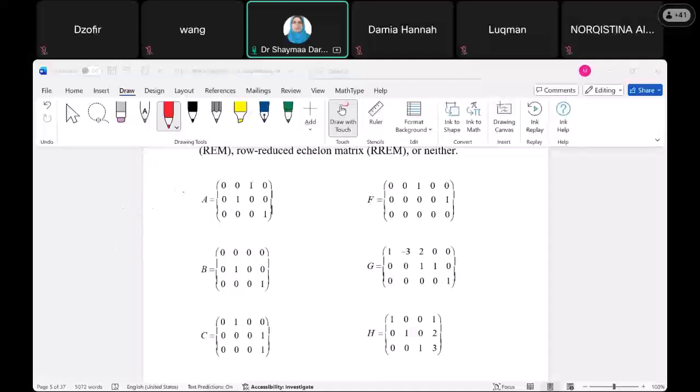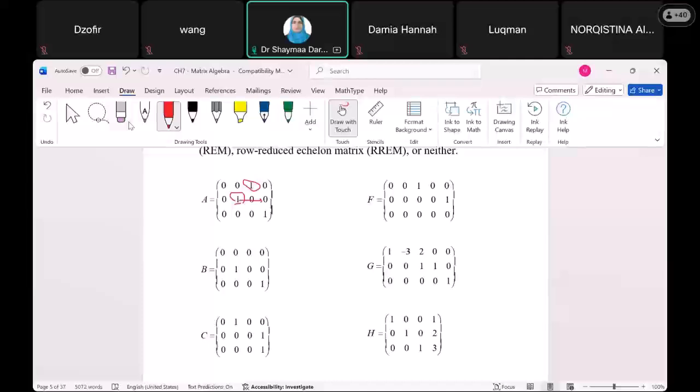The issue, okay. Let's check one by one. The first non-zero number in each row is 1. Okay, we have 1, 1, 1. The first non-zero number is 1. But the issue is that this leading 1 should come to the right from this one. But it comes to the left. So the 1 below should come to the right, not to the left.